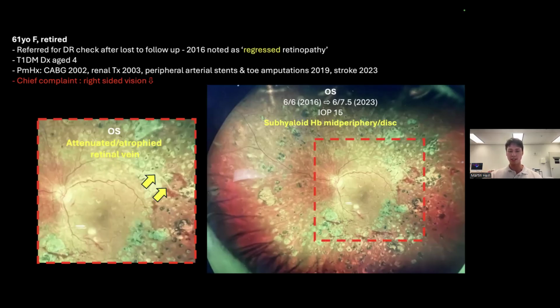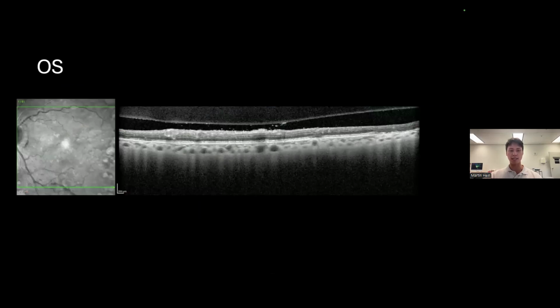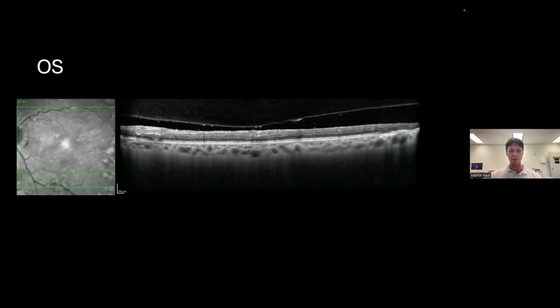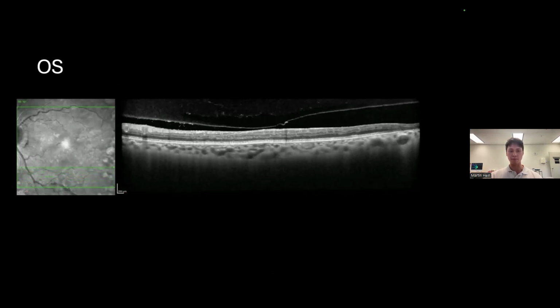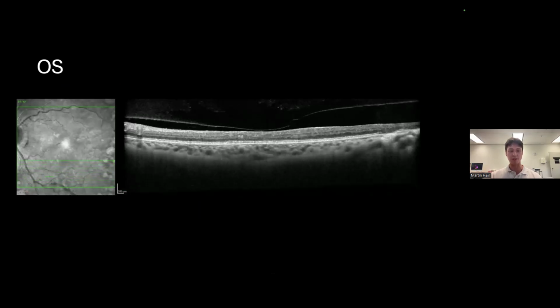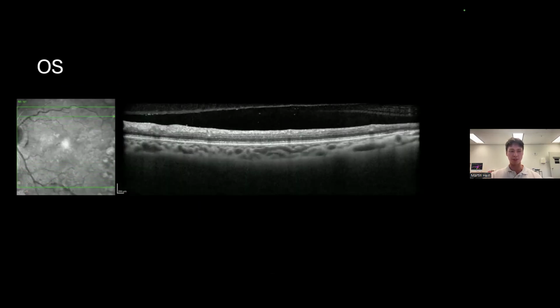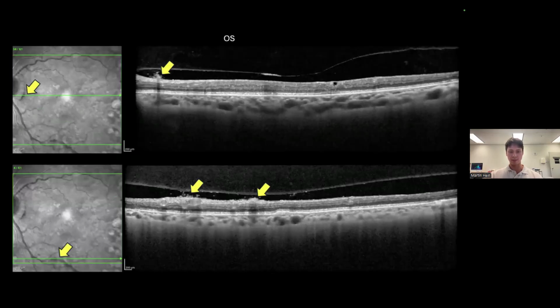When we look at the OCT of the same eye, you can see the correlating areas of the subhyaloid hemorrhages, and there's probably some degree of proliferative disease there as well. You can see that in these two slices. These grainy structures above the retina correlate with those areas of small subhyaloid hemorrhages.